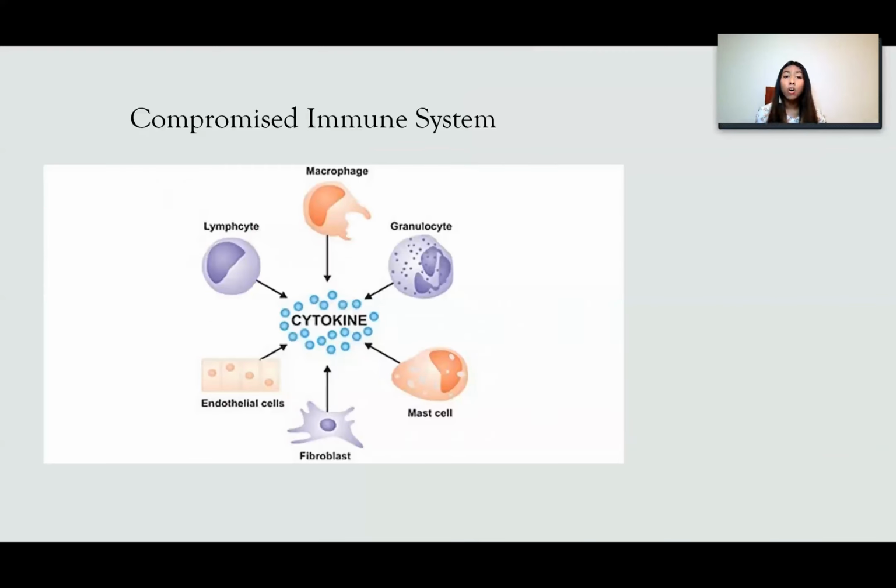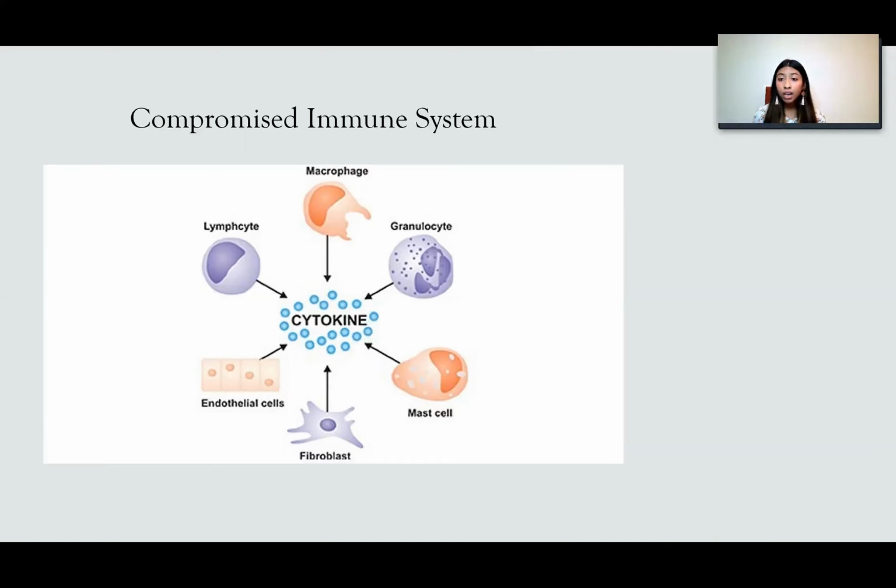Along with all of this, another effect of sleep deprivation is a compromised immune system. This is just one of the many causes for a compromised immune system. Basically, our immune system produces something called cytokinase, or in this picture, they just say cytokine.